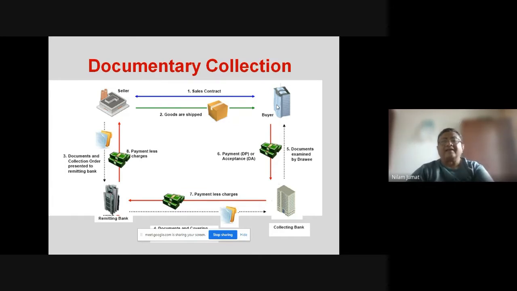But suppose, when HSBC Saudi informs Mr. Ali, he says he doesn't want to accept the documents. That basically means he doesn't want the shipment, he doesn't want the goods.